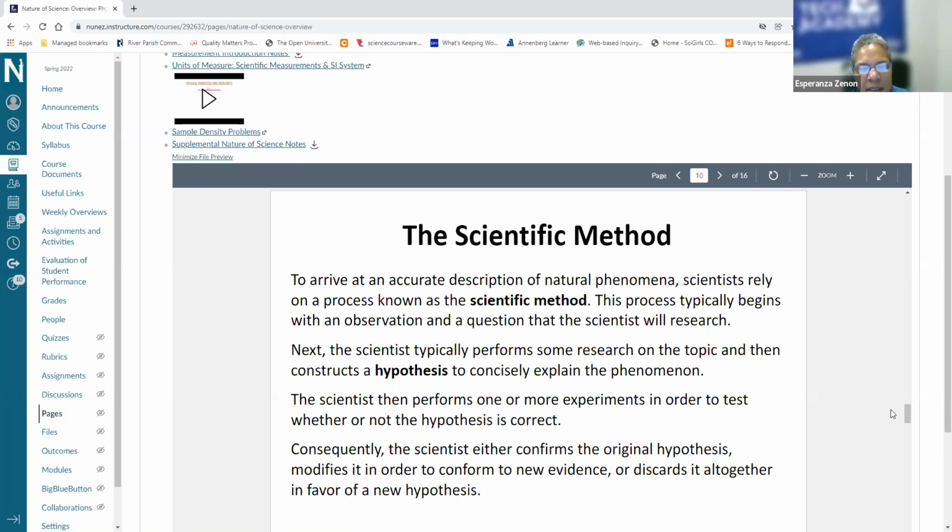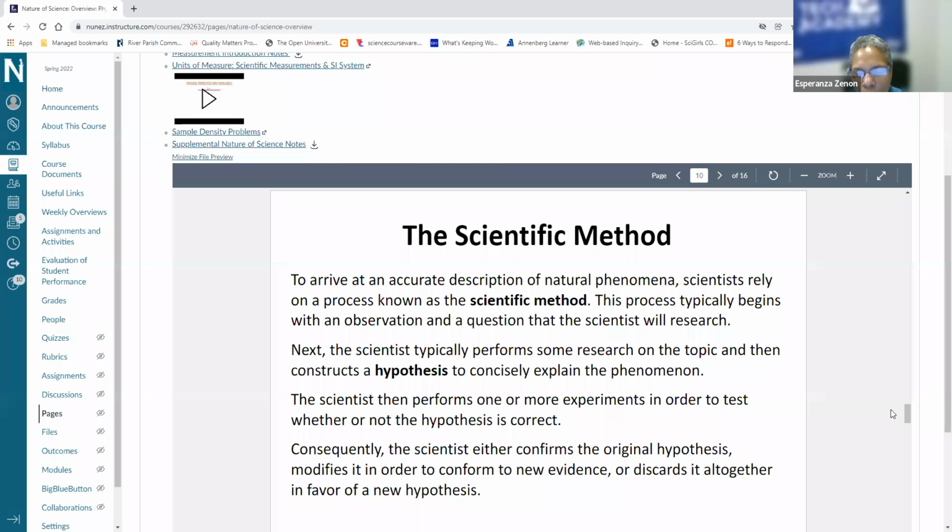Okay. So the scientific method. This is the process that allows us to have a systematic observation and experimentation to test a phenomena. Okay. All right. So this scientific method, again, it's not the only way, because some things that we understand about our physical environment have come about because of aha moments, but the scientific method is important because it allows us to be orderly.